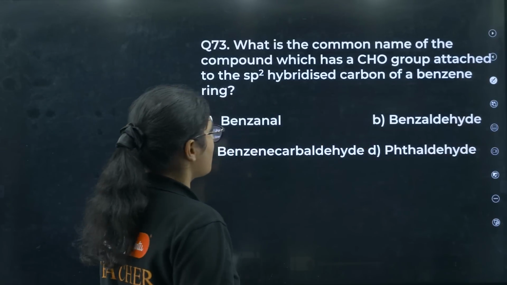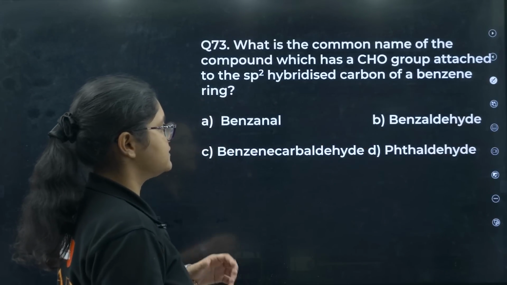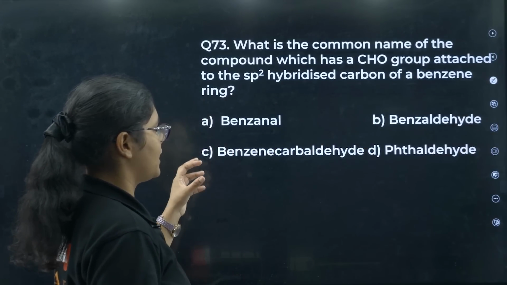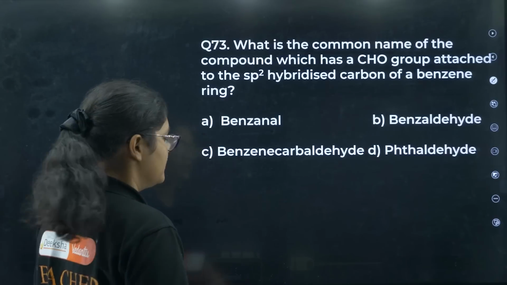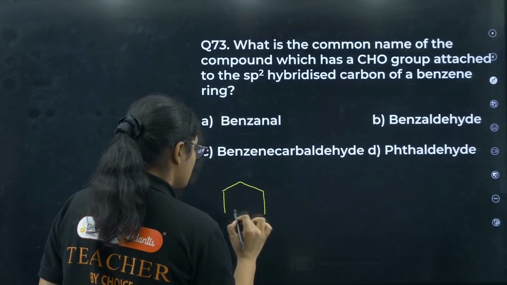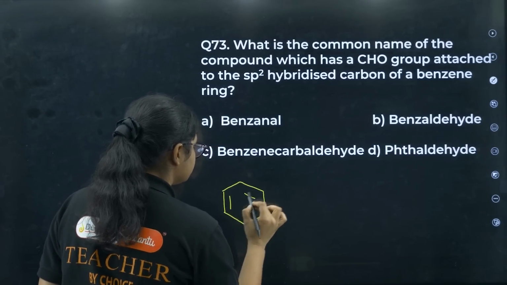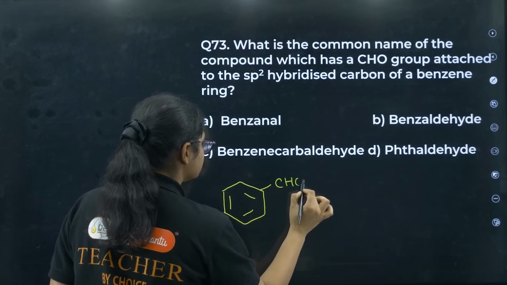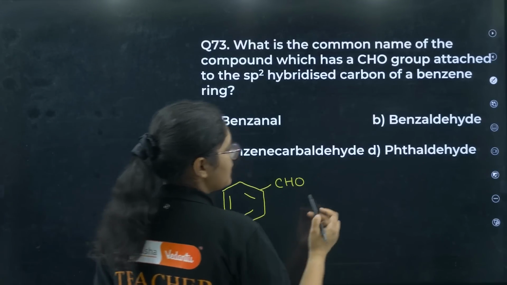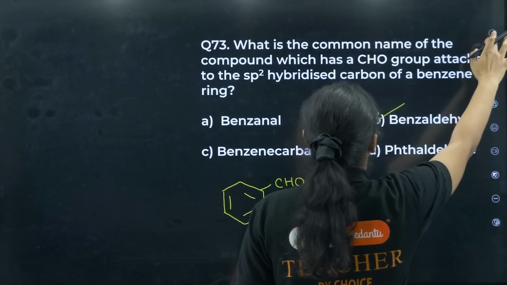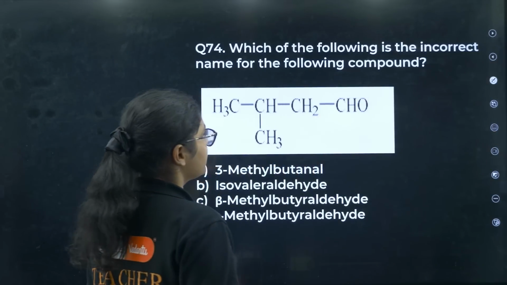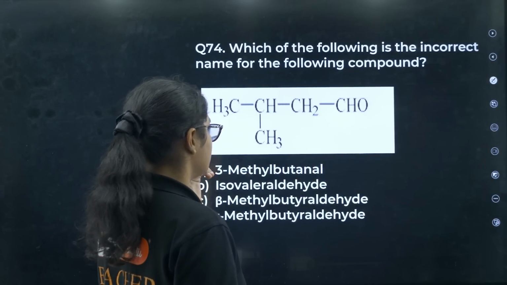Next, what is the common name of the compound which has a CHO group attached to an sp2 hybridized carbon of a benzene ring? So you have a benzene ring and to the sp2 hybridized carbon a CHO group is attached. This is nothing but benzaldehyde, that is option number B. Which of the following is the incorrect name of the following compound?